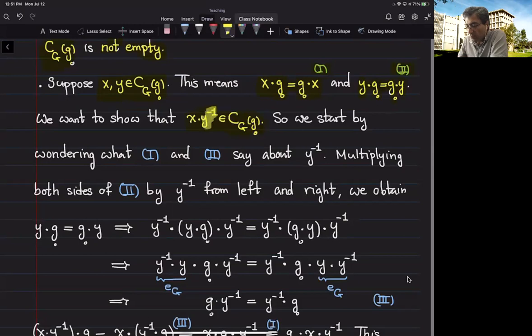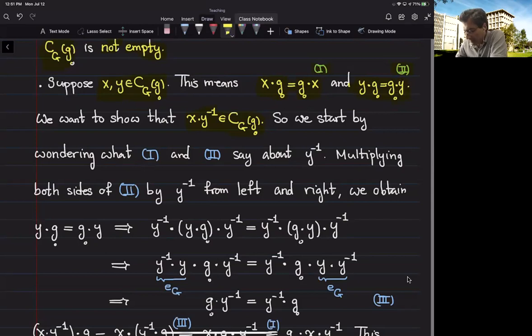I need to bring y inverse to the picture. What do I know about y? I know that y dot G0 is the same as G0 dot y. I want to bring y inverse to the picture. Let's multiply both sides of this equality by y inverse from the left and from the right. I want to get rid of both of these y's as well and bring y inverse.